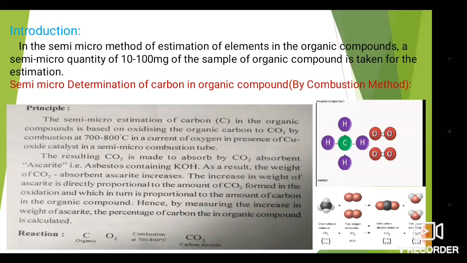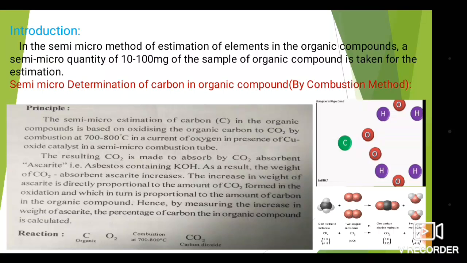Firstly, you want to know what is meant by combustion. It is the complete burning of the given compound in the presence of oxygen or in the presence of air.